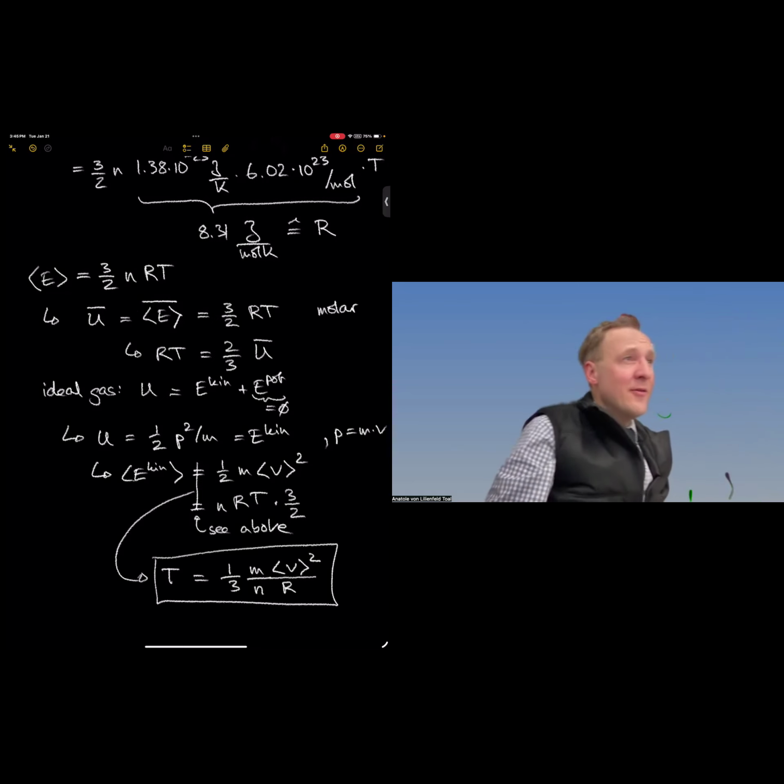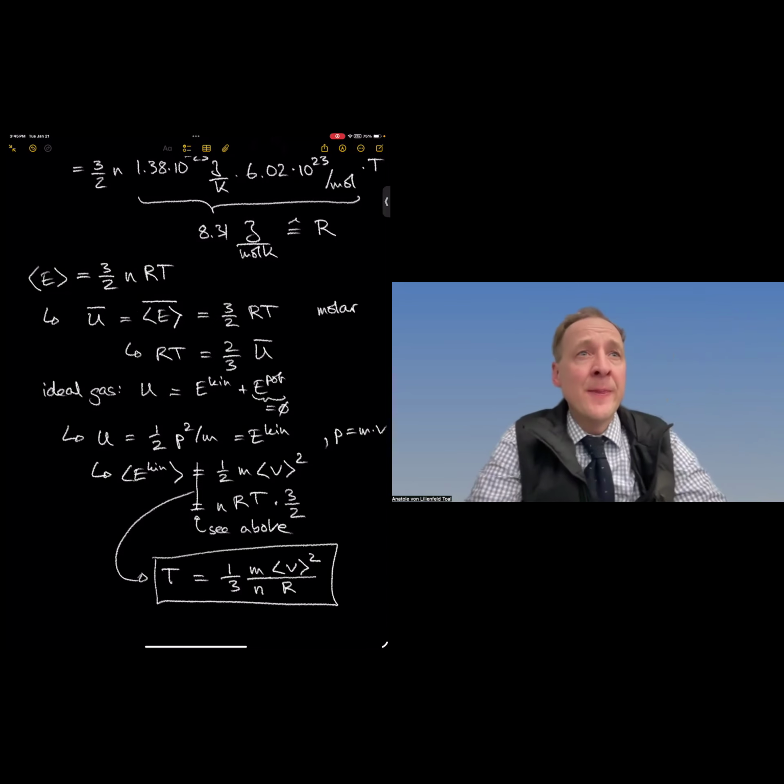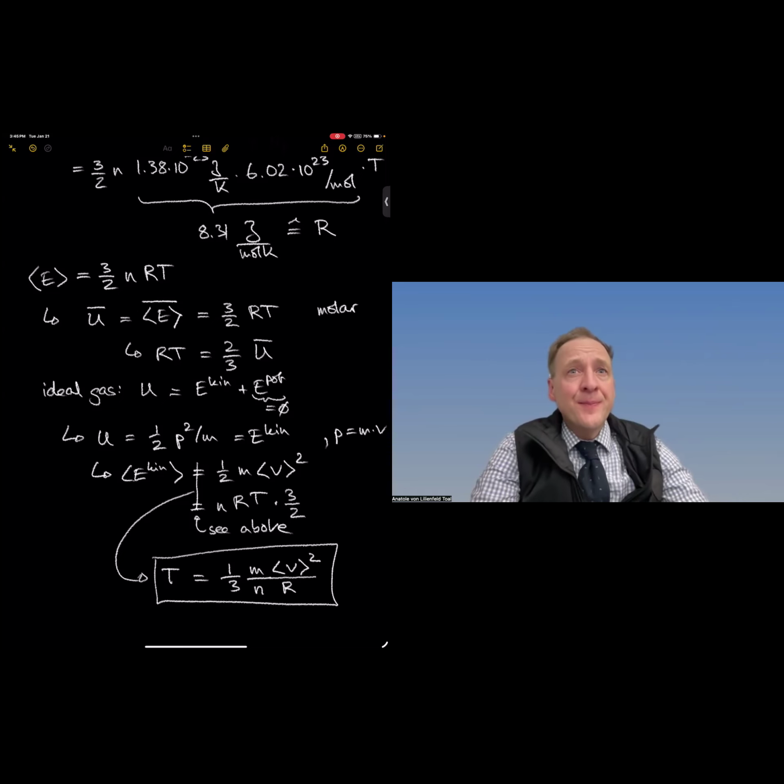So now you have an expression for the temperature in terms of the average velocity squared of your individual particles.